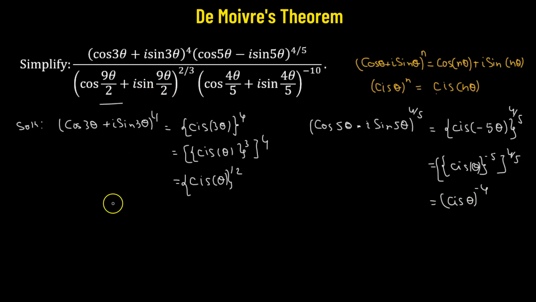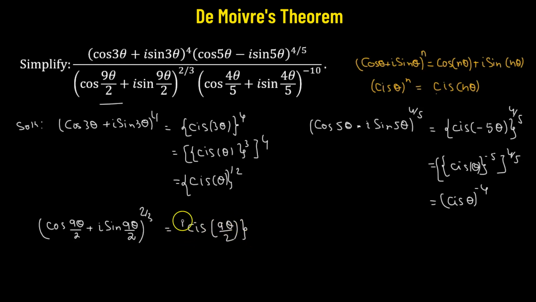Then coming to this particular expression, we have (cosine of 9 theta over 2 plus iota times sine of 9 theta over 2) whole raised to the power of 2/3. This will be equal to cis of 9 theta over 2 whole raised to the power of 2/3, which will be equal to cis of theta raised to the power of 9 over 2 times 2 over 3. So 9 over 2 multiplied by 2 over 3 is simply cis of theta whole raised to the power of 3.